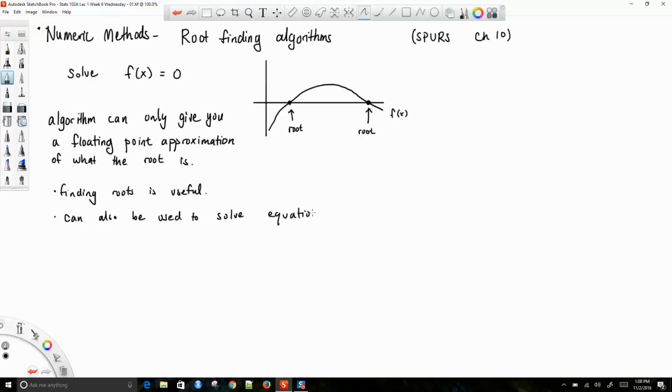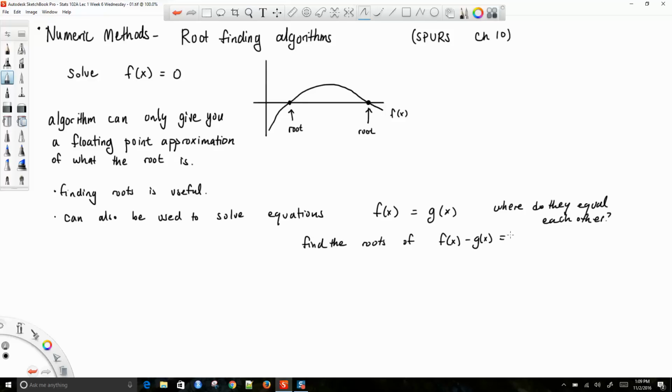So if you have two equations, let's say f of x and g of x, and you want to know where do f of x and g of x equal each other, right? So where do these two functions equal each other? Okay, well, all this is doing is just finding the roots of f of x minus g of x equals 0.